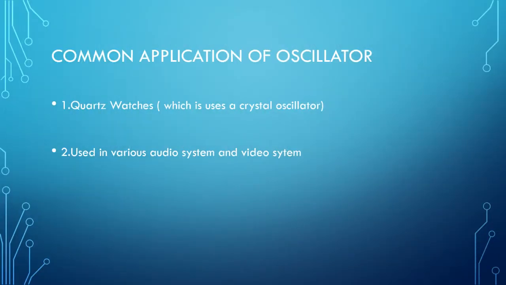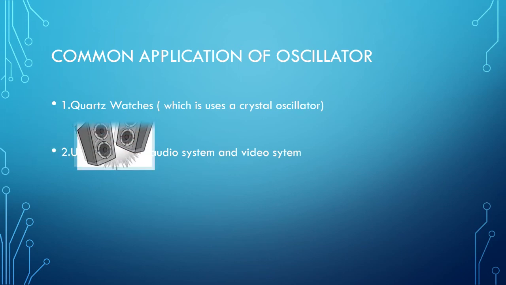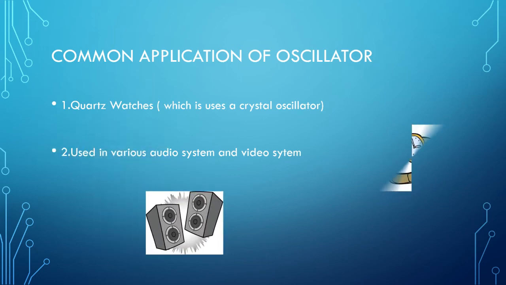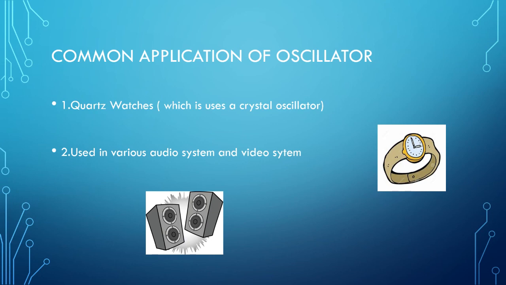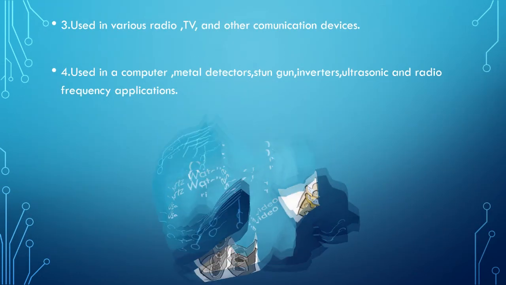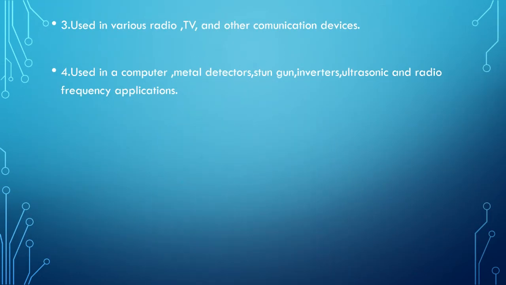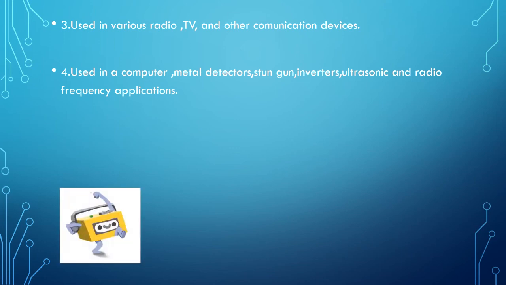Here are some common applications of oscillator. First, quartz watches, which use a crystal oscillator. Second, used in various audio systems and video systems. Also used in various radio, TV, and other communication devices.